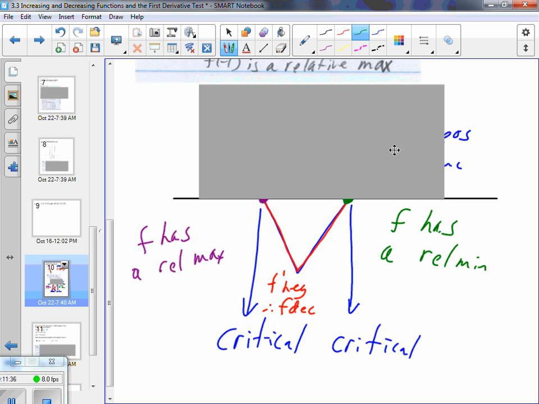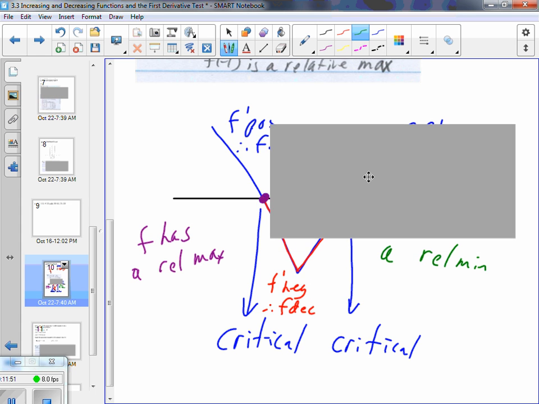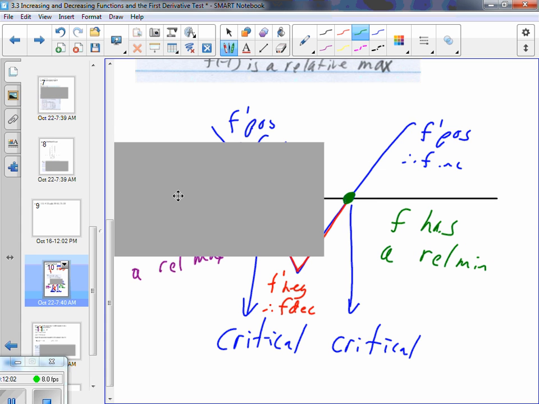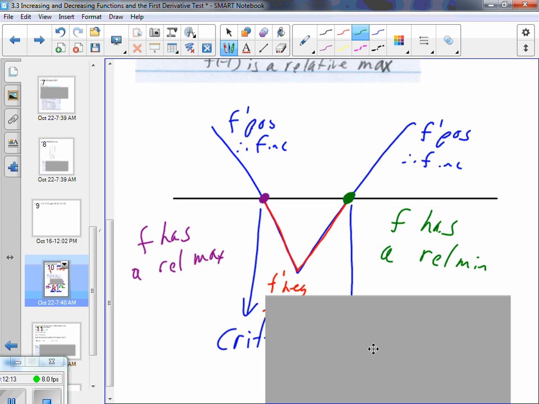Whenever f prime is below the x-axis, that means f prime is negative. Whenever f prime is negative, that means f is decreasing. Where the derivative changes from positive to negative, you will have a relative maximum for f, not for f prime, for f. Whenever the derivative changes from negative to positive, f will have a relative minimum at that point. Does that help? Okay, good.